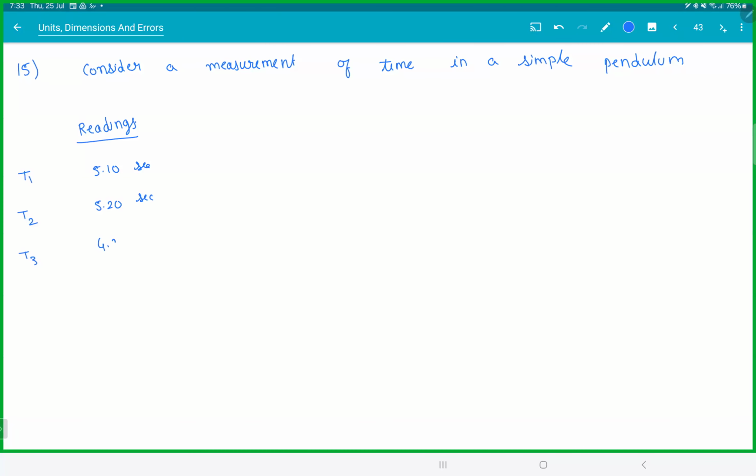T3, 4.95 seconds. T4, 4.80 seconds. T5, 4.90 seconds. T6, 5.05 seconds. T7, 8.25 seconds. So find time. They'll simply say like this, find time. Matlab, they're expecting you to tell me time plus or minus error. Or you can simply say percent error in time.